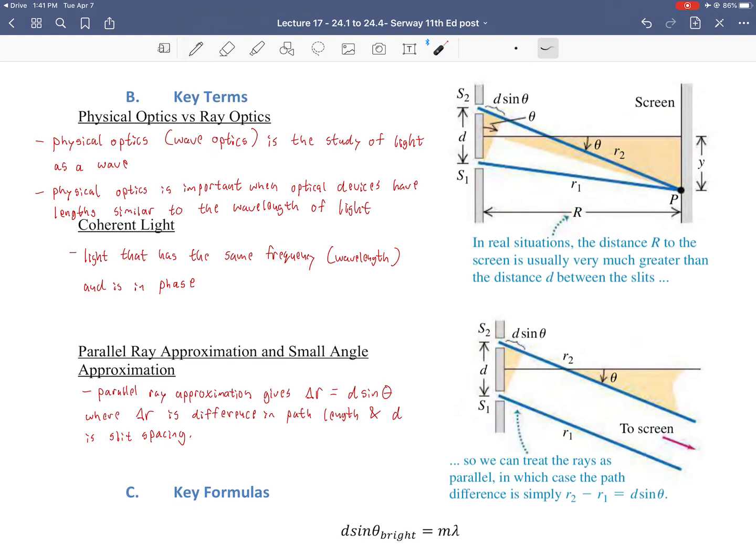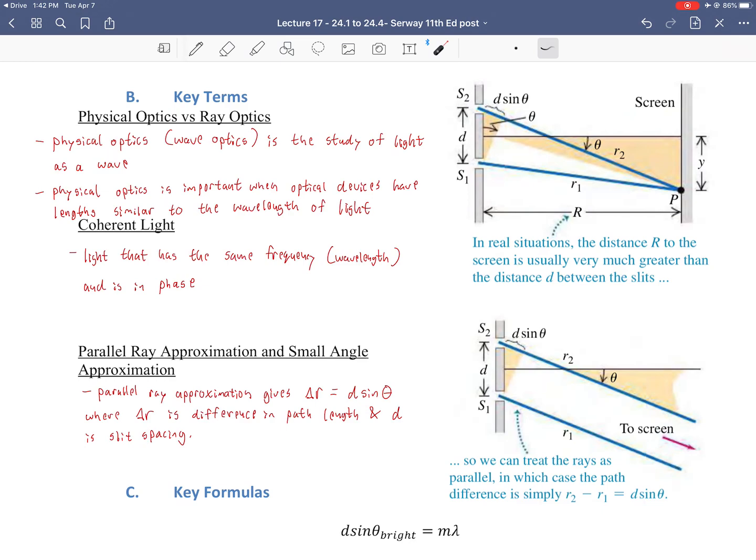But it turns out that that path length difference can be independent of R if R is really big. So if the distance between the slits and the screen is quite large, then we don't have to worry about the effect of R on the path length difference.